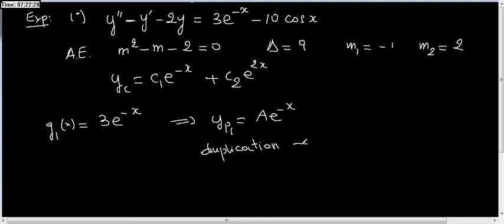So we need to multiply it by x, and we write y_p1 as a x e^(-x). Now there is no duplication, so we can start differentiating and then substitute in the equation to find the coefficient a.